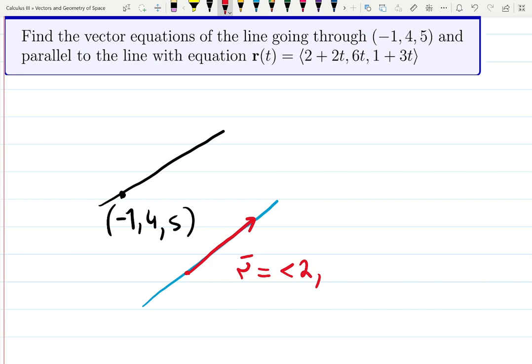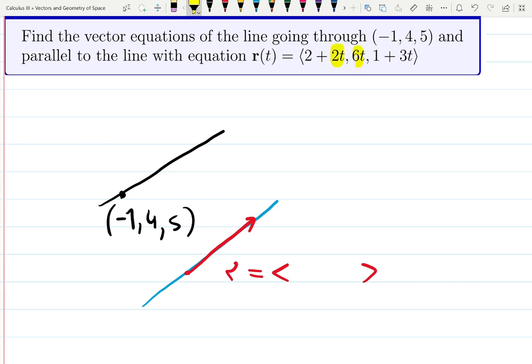I need to ask you, what kind of numbers should I put here? 2, 0, 1. 2 what? 2, 6, 3. Yes, do you understand? To find this, only the direction matters.